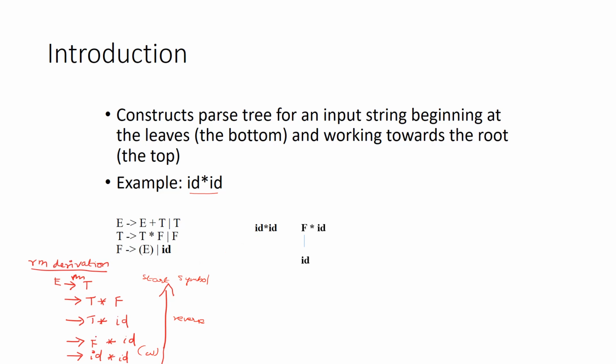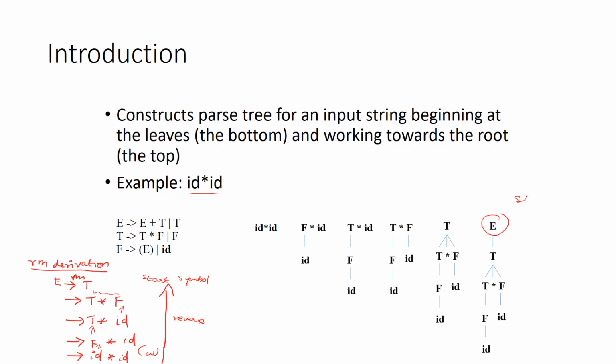We consider the input string ID star ID, and this ID is replaced with F. Then this F is replaced with T. The other ID is replaced with F. Then T star F is replaced with T, and T with E. So this is how we start from the leaf and proceed until we reach our root node, that is, the starting symbol of the grammar.